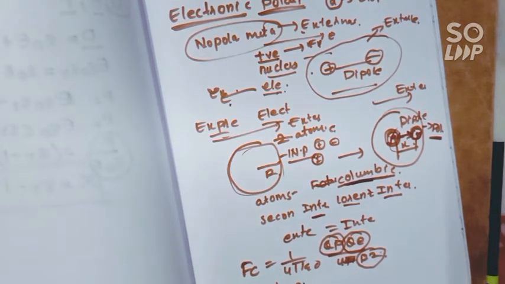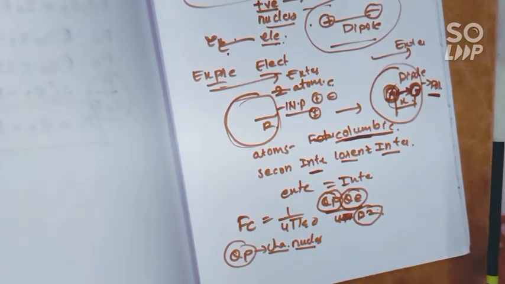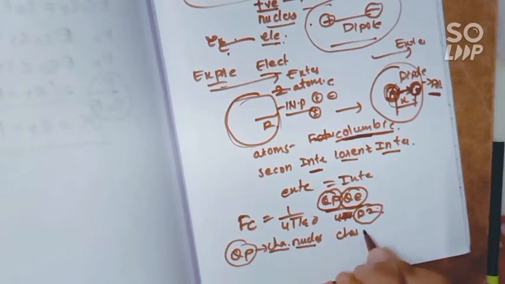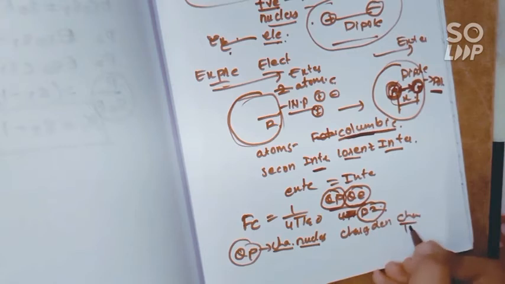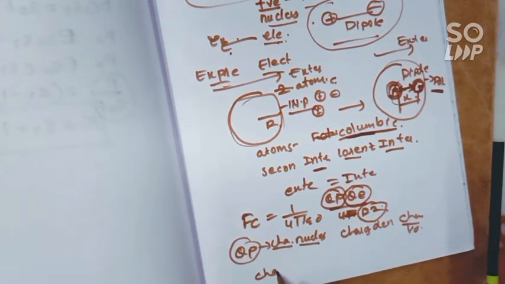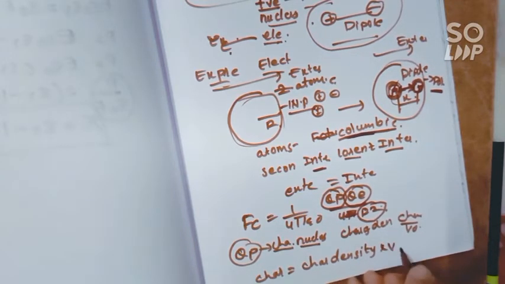Proton means only the nucleus. There is only one positive charge in the entire atom, so we need not consider single protons. For the whole we have the same charge. We know that charge density equals charge by volume, and charge equals charge density into volume.